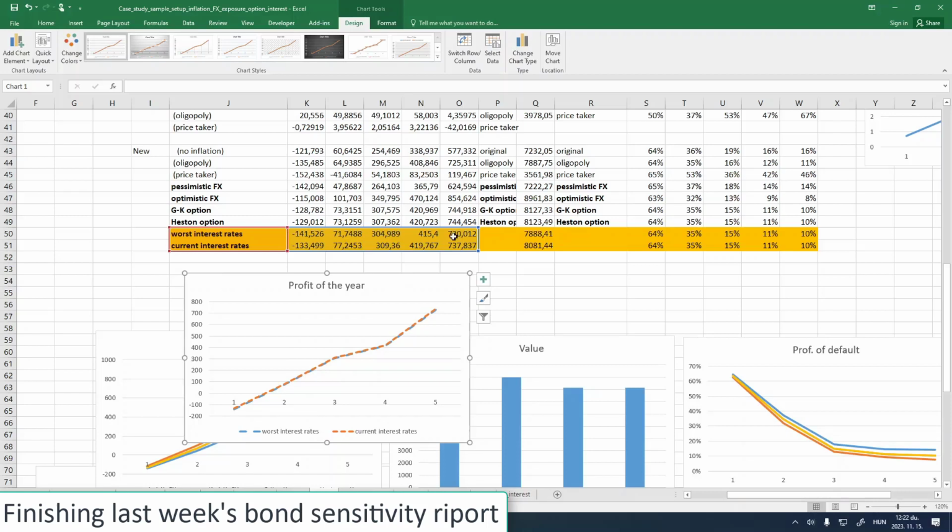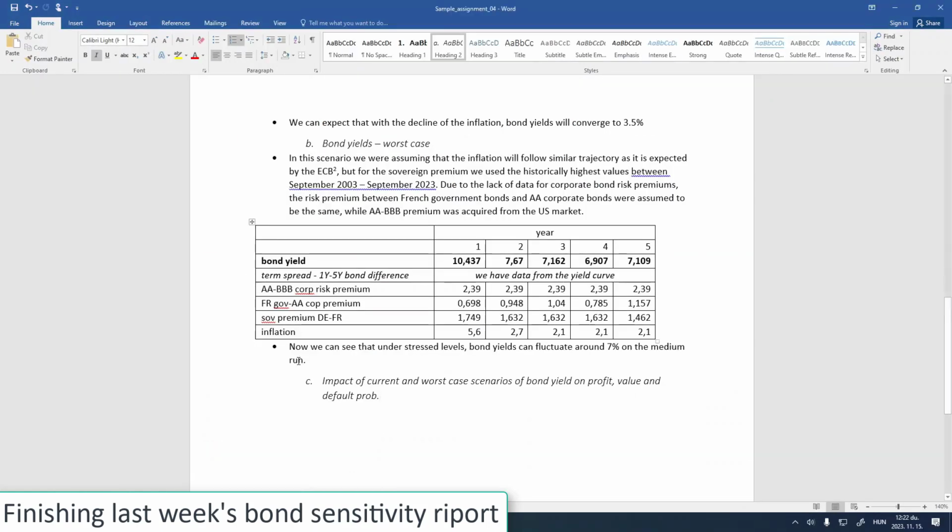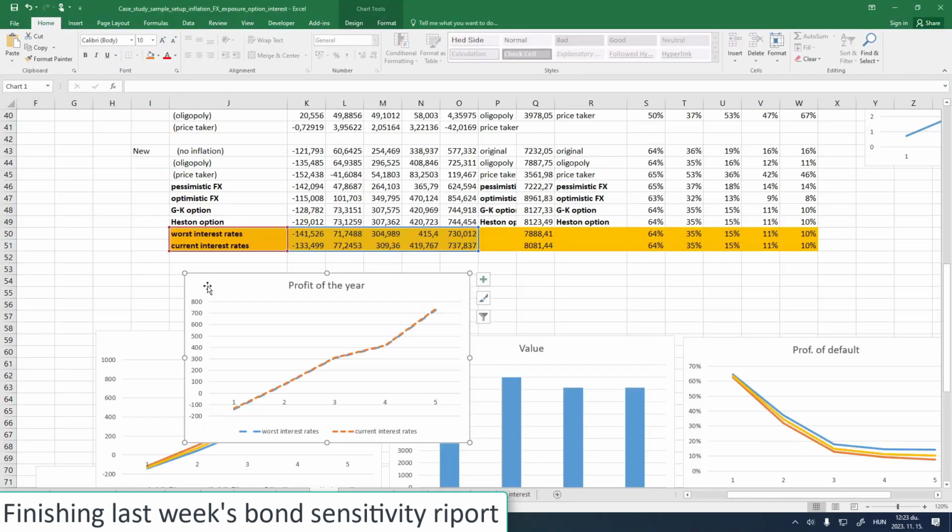So we can see that, yeah, maybe we should highlight the difference. No, it's good. So the difference between current and worst case scenarios is highly marginal.